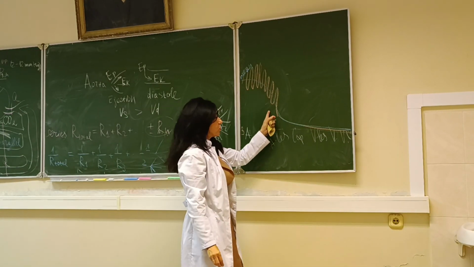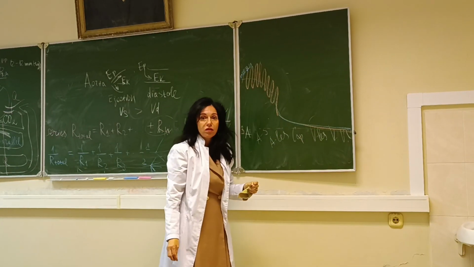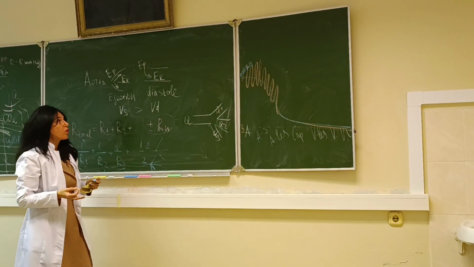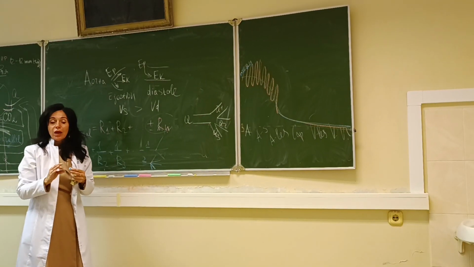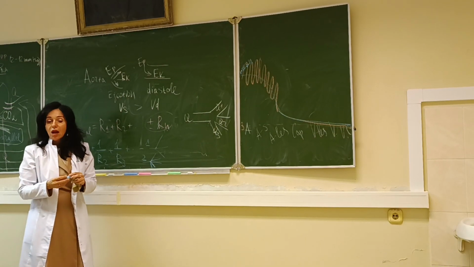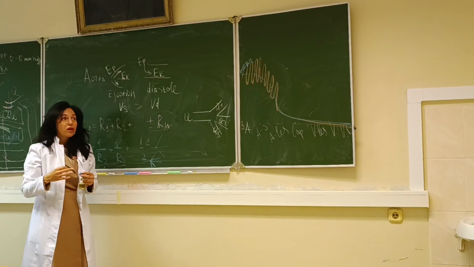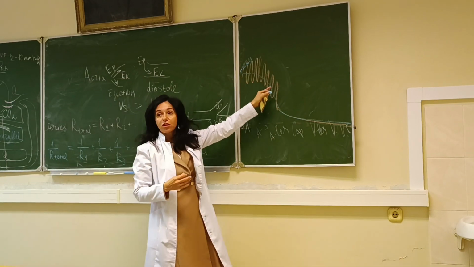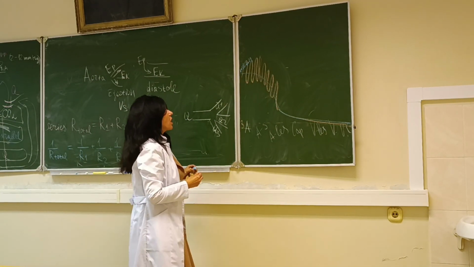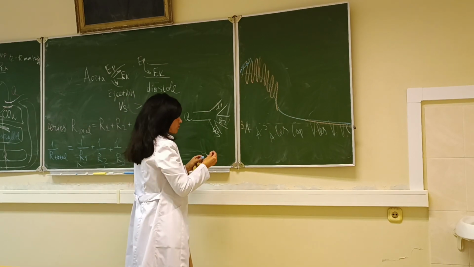It is not the average of the two, because mean blood pressure depends on both systolic and diastolic pressure. It is closer to diastolic, a little bit more. That is mean blood pressure.